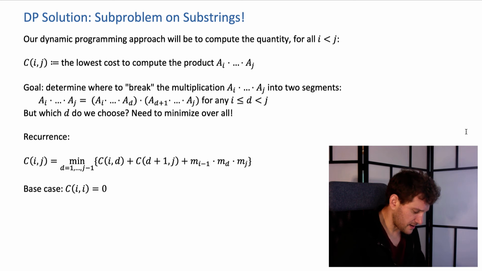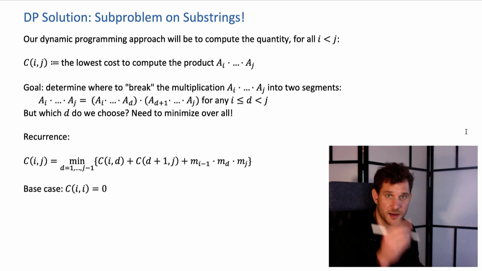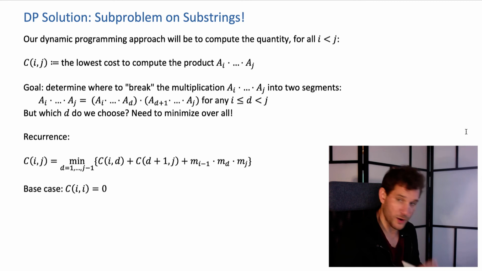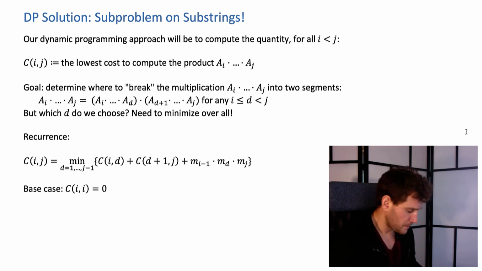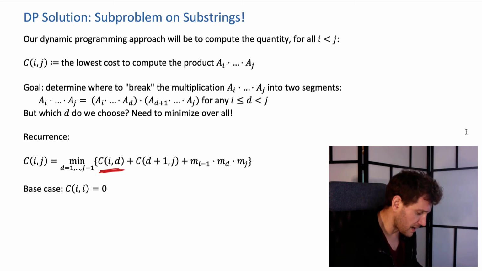What we're saying here is that to solve the Cij subproblem, we first have to pick a segment D, which is where we're going to split the problem. We're going to find a way to multiply the first I through D matrices, and also optimally multiply the D plus 1 through J matrices together.